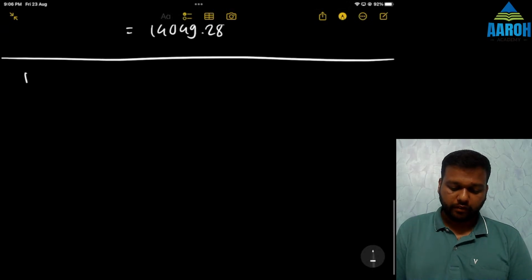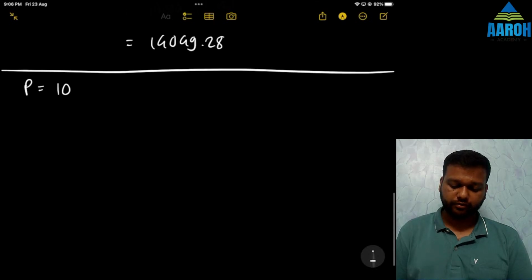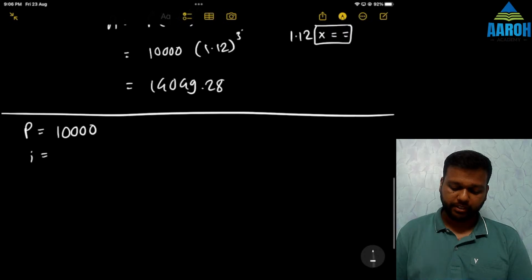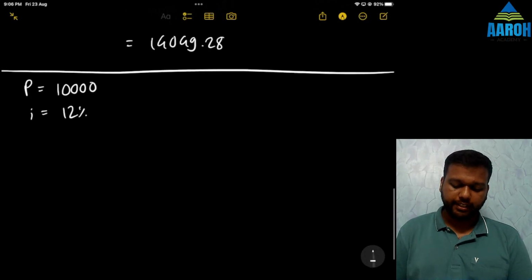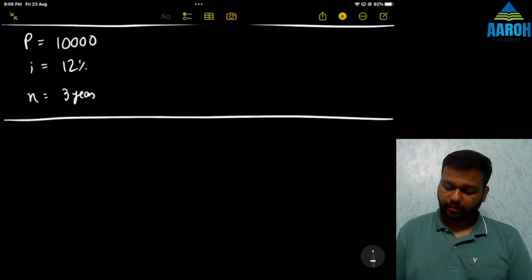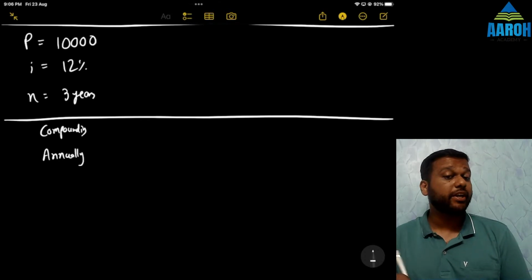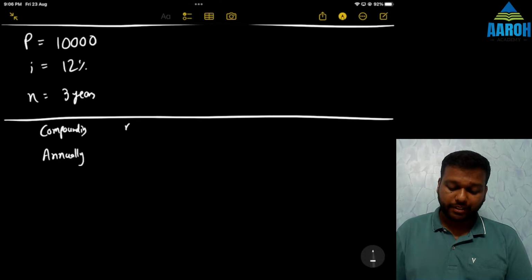Okay, we know our principal is 10,000. Let's keep our interest rate as 12% per annum. Let's keep our n as 3 years. Now, when compounding is done annually, what was n?